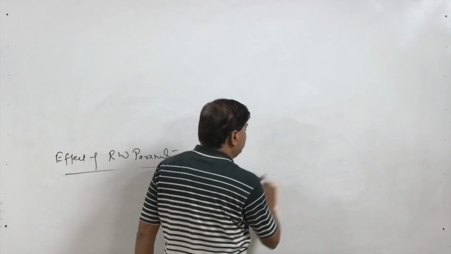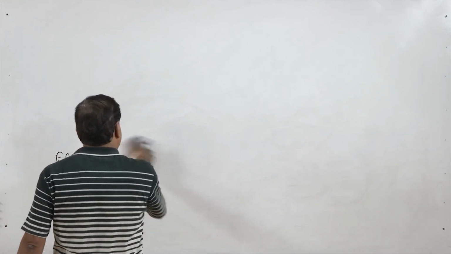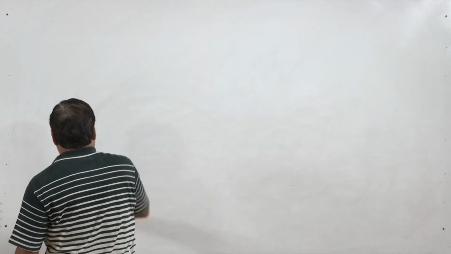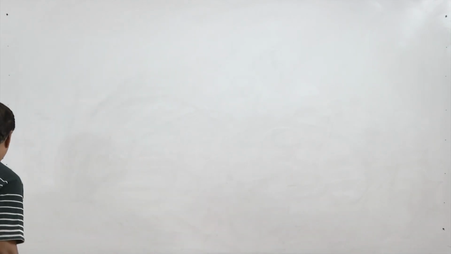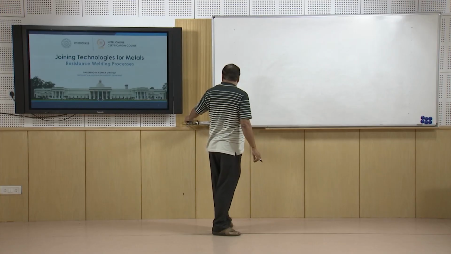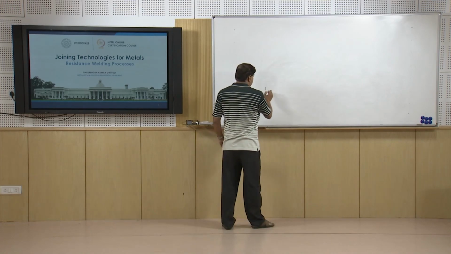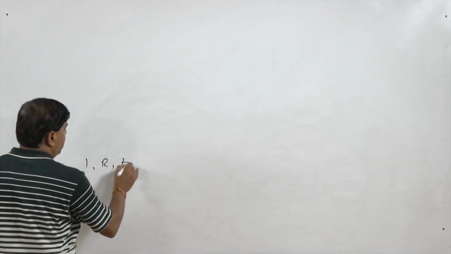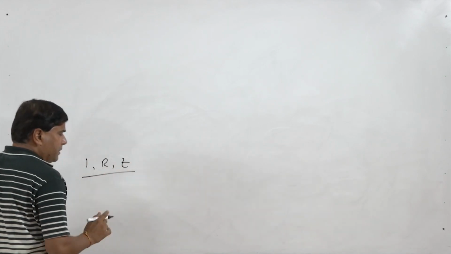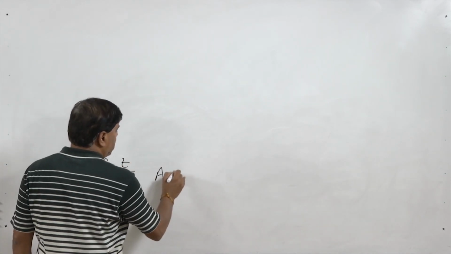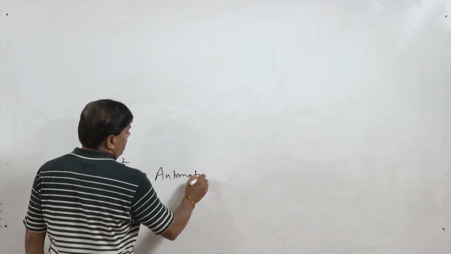So this is how the welding parameters affect the joint strength, and it is necessary that proper control over the current I and the time T is maintained. Once these parameters are obtained, automation of the process is very effective.